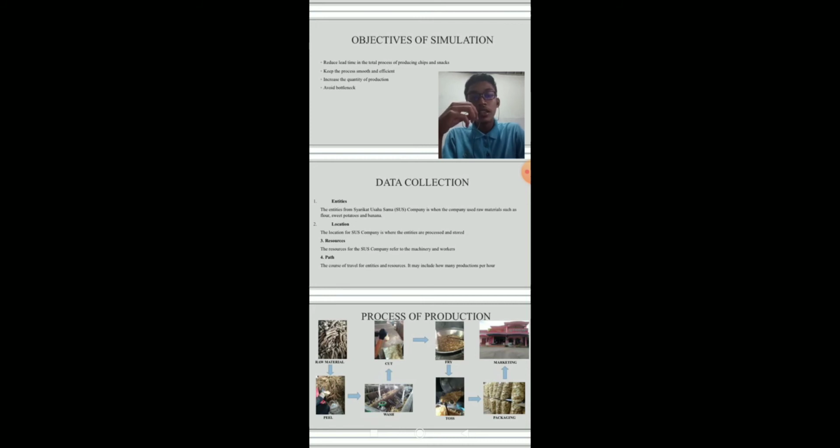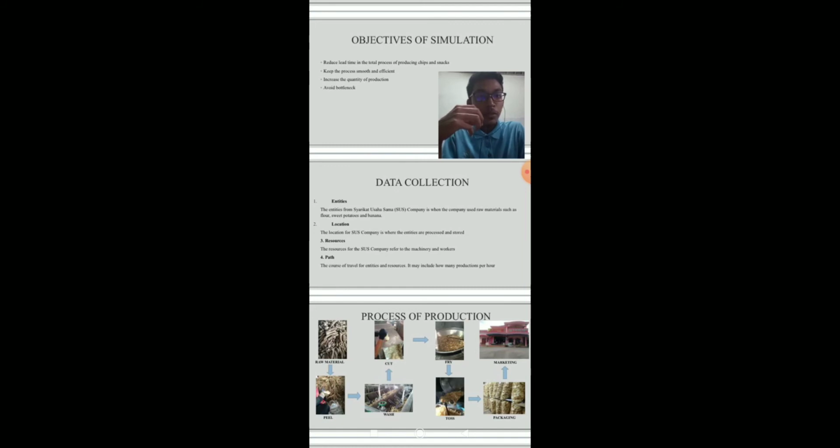Next, for the data collection, first is entities. The entities from Syarikat Usaha Sama SUS company are the raw materials the company uses, such as flour, sweet potatoes, and banana. The raw material will be processed until it becomes the finished good or product.